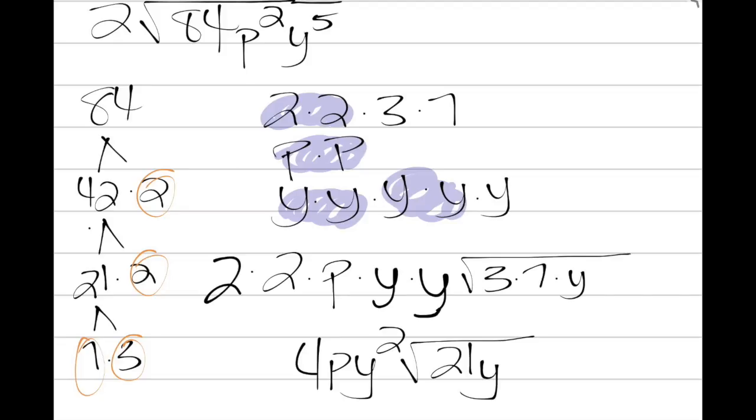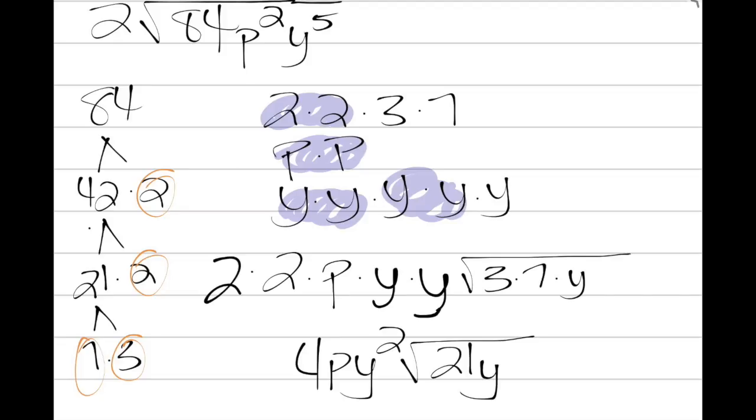So what I'm going to do is that I'm going to write 2 times 2 times 3 times 7 to represent 84. Then I do p times p, and then I write down 5 y's to represent y to the 5th. I highlight my pairs, and I see that I have a pair of 2's, a pair of p's, and 2 pairs of y's.